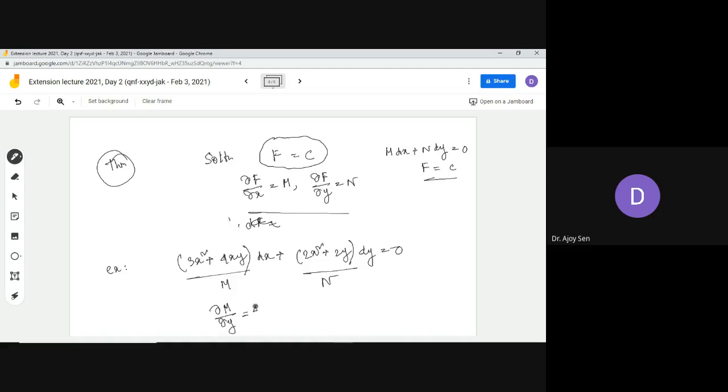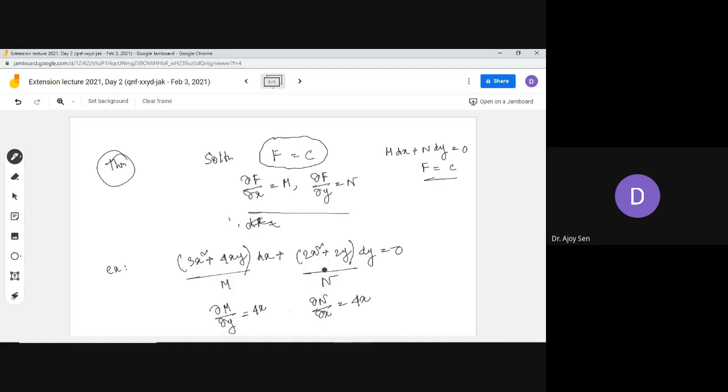Del M del y will be 4x, and if you check del N del x, it will again be 4x, because you are taking the partial derivative, so the other term cancels. And why is del M del y 4x? Because you are taking the derivative where x is constant, so that term is 0, and from this term you get 4x. These are equal, del M del y and del N del x. So this is an exact equation.